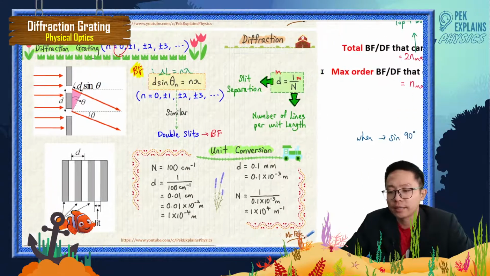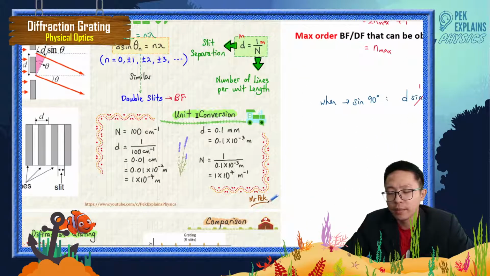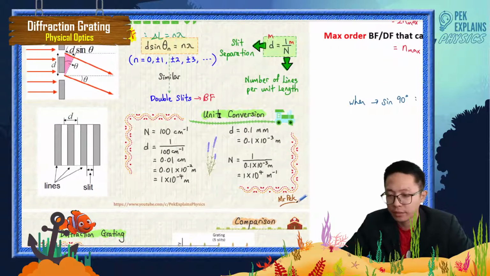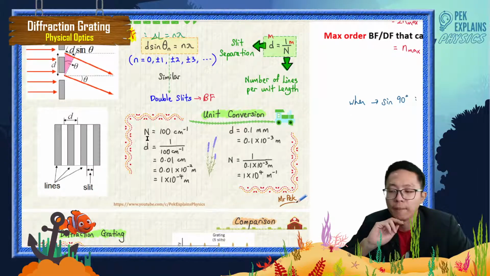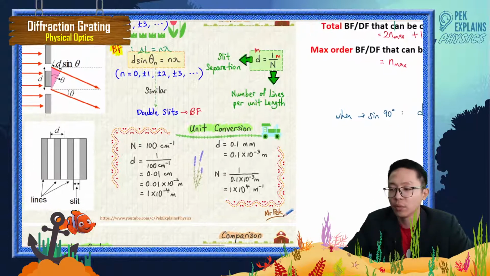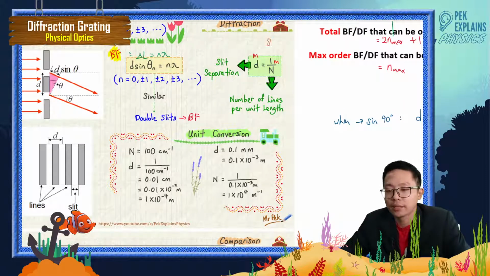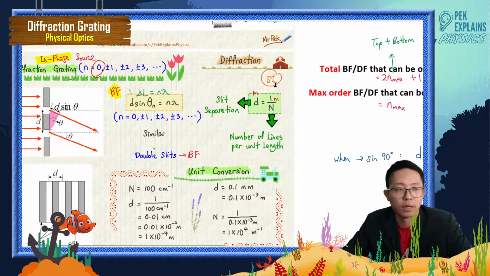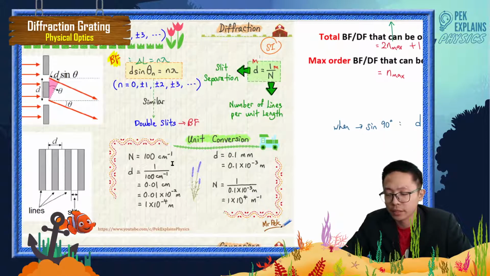There is one very important unit conversion here that you need to know. Let's say the question gives you the number of lines per unit length in a non-SI unit, because what we need is only SI unit. What if the question gives you a non-SI unit like per cm instead of per meter?